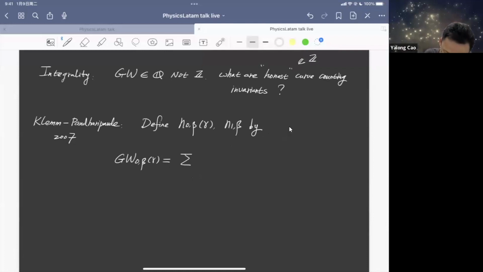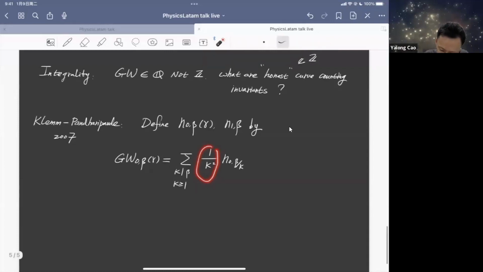The right-hand side is a sum over all possible positive integers k which divide beta, and we put a coefficient 1 over k squared, and n0 of beta over k, which is the thing we want to define. Here k divides beta means that beta over k should exist as an integral homology class.